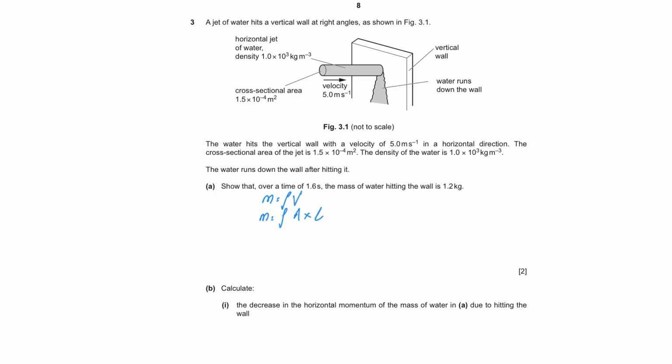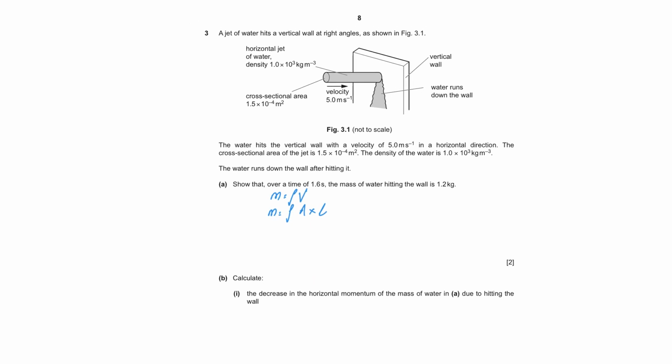Now, you need to understand that what they're actually talking about is a cylinder of water, and the length of that cylinder of water depends upon the time duration for which the water is turned on. So let's take this diagram that we have here and try to understand how the length changes and how we can use that to find the volume.